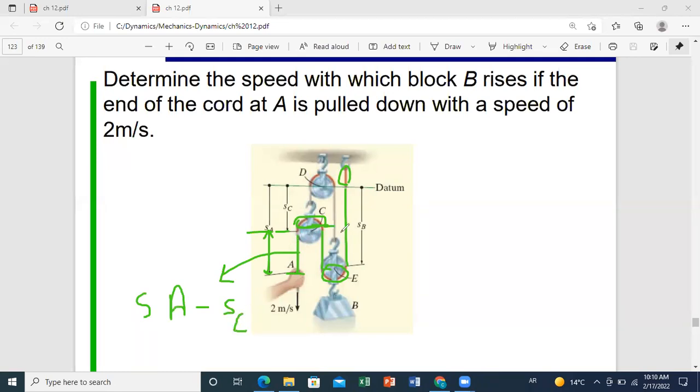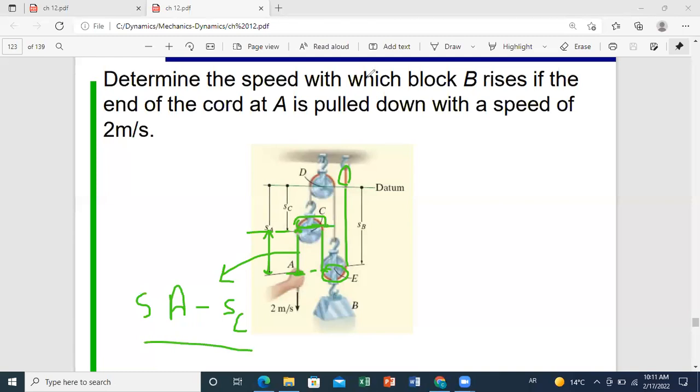Please, guys, here the figure is misleading. Some people might say A and E are on the same level, so I can take SB minus SC. It's wrong. You know why? Because if your hand will move a little bit downward, E will move up, and then they will not be on the same level. So always look, I'm going from which point to which one? I'm going from A to the level of C. So this is SA minus SC.